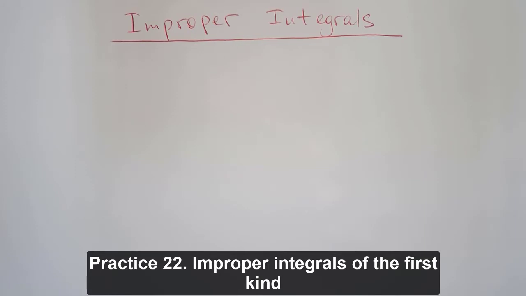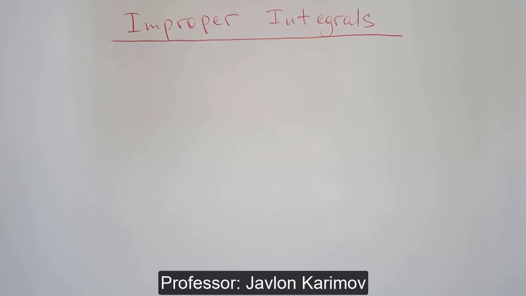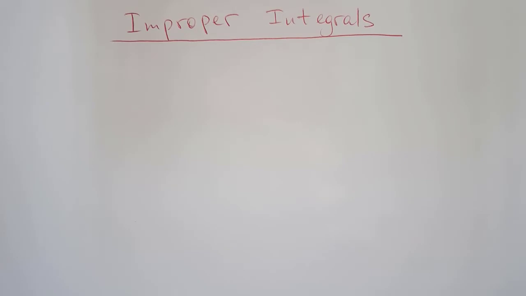Dear students, let's continue our practice on Mathematical Analysis 1, and we move to the new section, Improper Integrals. In this section, we look at a couple of different kinds of integrals, which we call improper integrals. Let's start with the first kind of improper integrals.